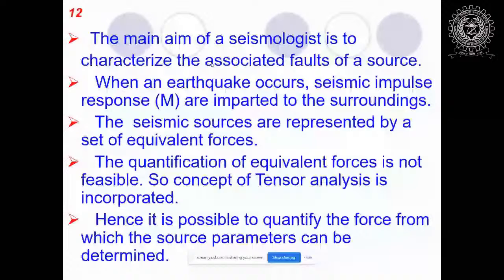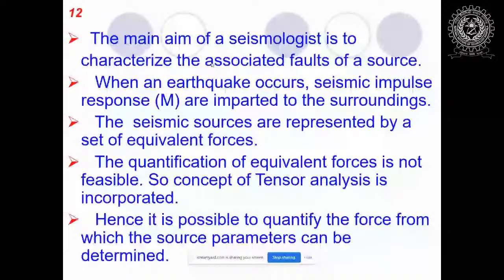In terms of physics, the earthquake source can be represented by a set of equivalent forces, but we all know that the equivalent forces cannot be quantified. Hence, we have to adopt the tensor concept. And thus, the force can be quantified from which the source parameters can be determined.